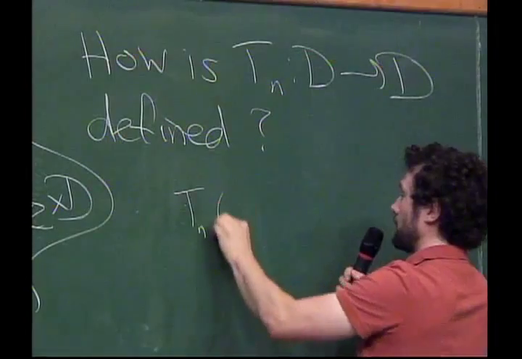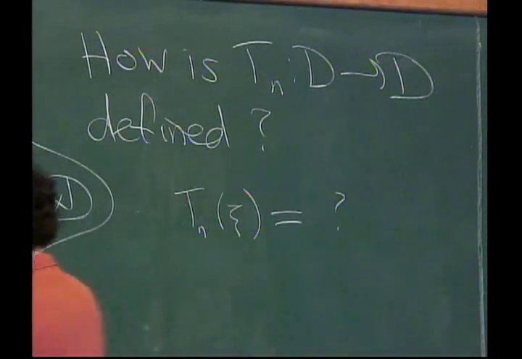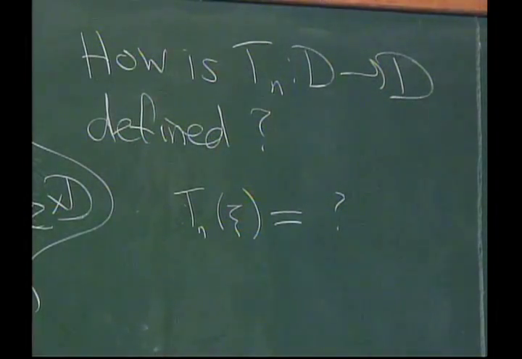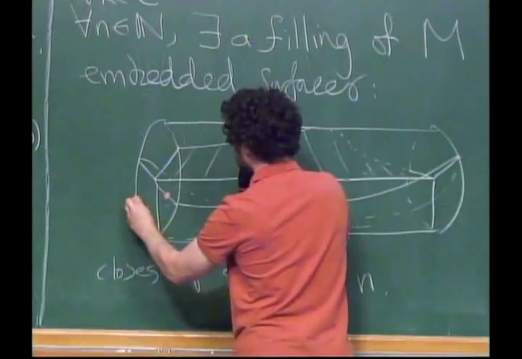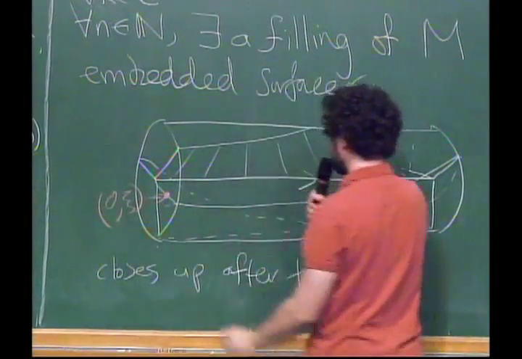Let's write T_n of a point z on the disk: here is a point (0,z).